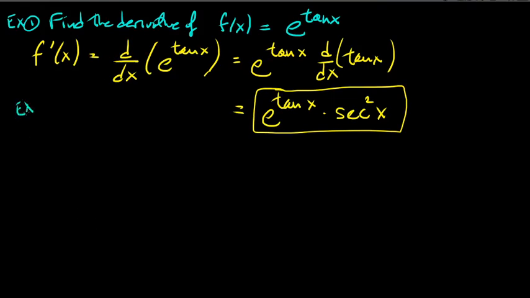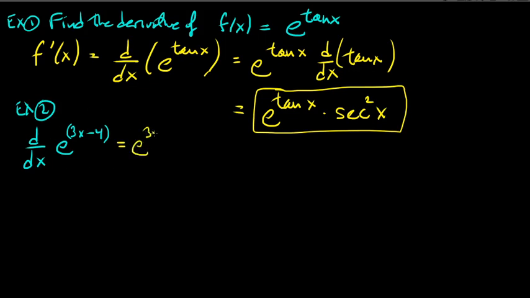This will be example 2. Find the derivative of e to the, okay, I'll make it pretty easy, e to the 3x minus 4. So 3x minus 4 is the exponent of e. Okay, hopefully you got it.